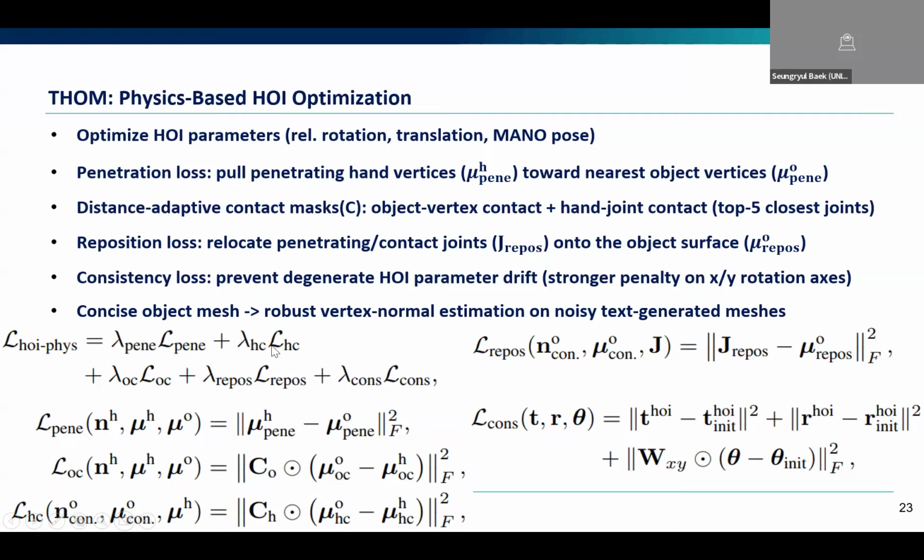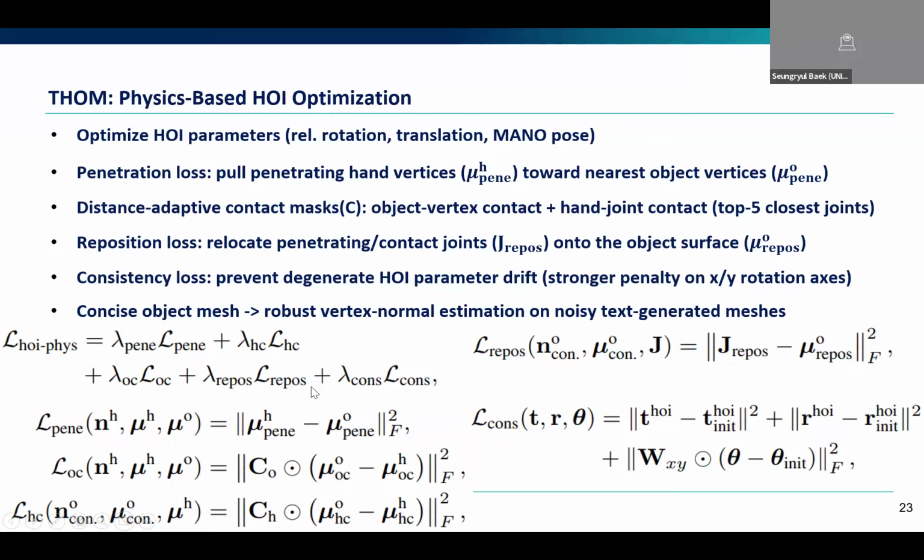But these three losses are not enough, actually. When we naively apply these penetration and contact losses, they usually just pull the hand and object away from each other globally, so it turns out to be non-contact and implausible interaction.